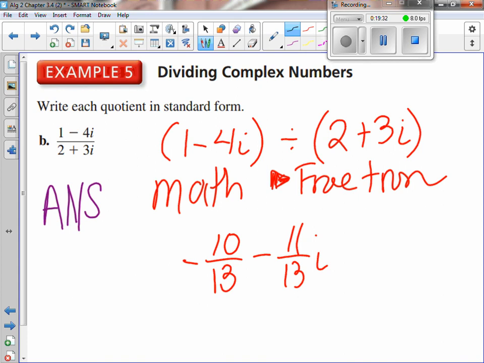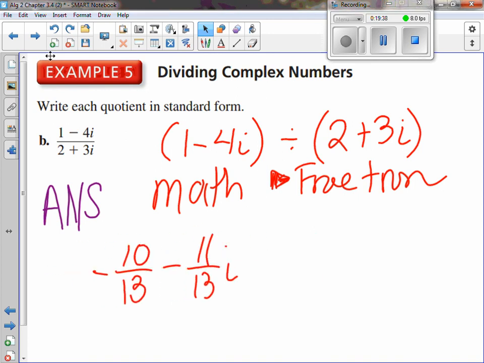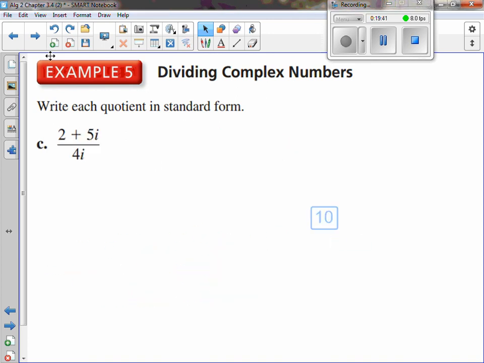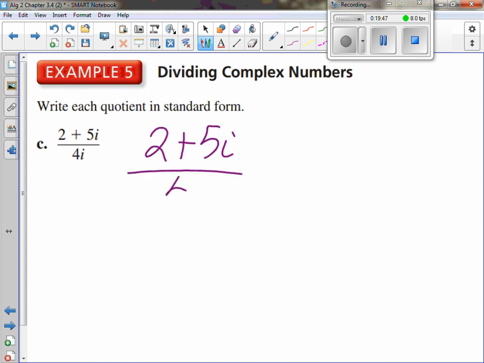So if you get stuck without a calculator, we have to do our complex conjugates, which for here would be multiplying it by negative 4i, and using these complex conjugates to find it. However, the graphing calculator will do it for us.